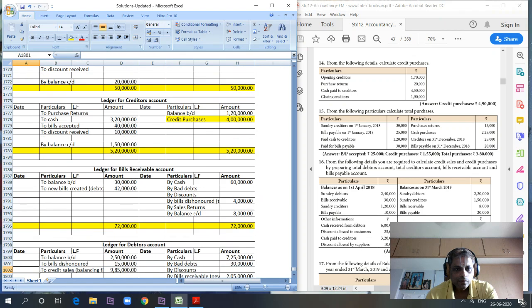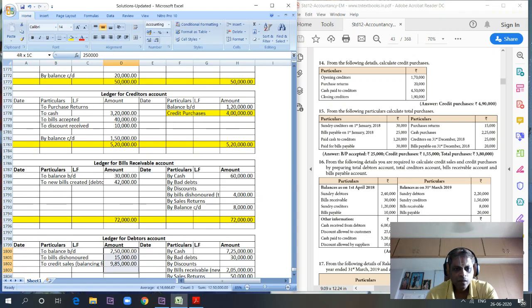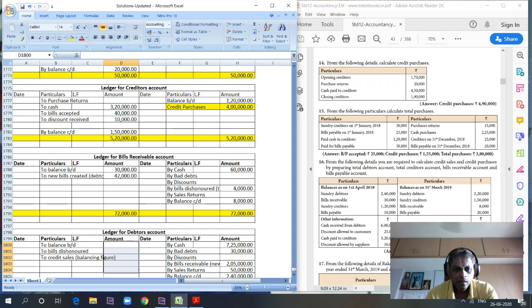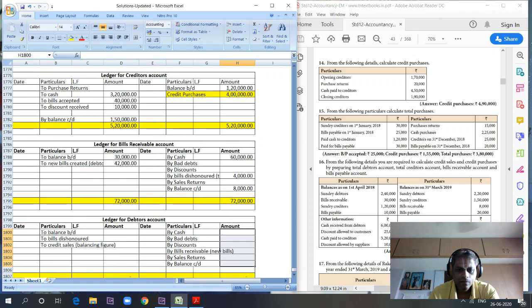Then we have to prepare the ledger for total debtors account. We have a beginning balance of 2,40,000 and an end balance of 2,20,000.